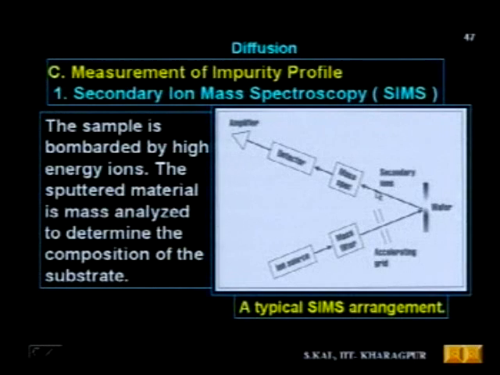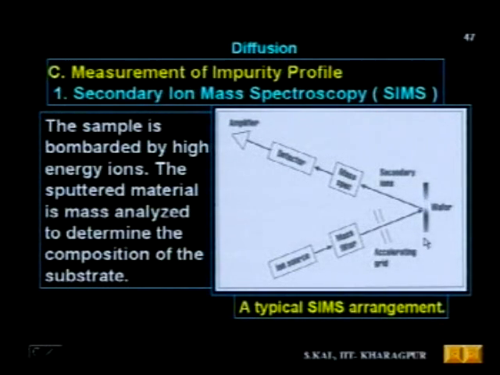That means those secondary ions are analyzed with the help of a mass spectrometer. So spectroscopic analysis of the secondary ions is done in this particular module, and you can find how much amount of ions there are, and at the same time what are the different types of ions in the secondary ion beam.